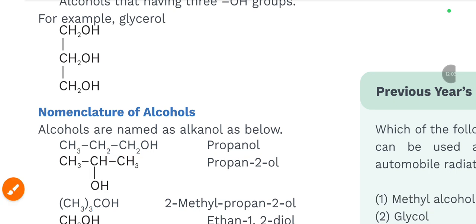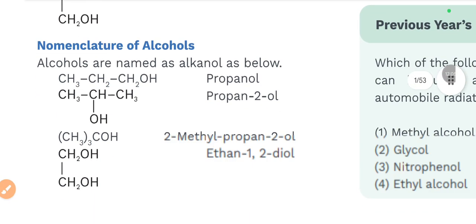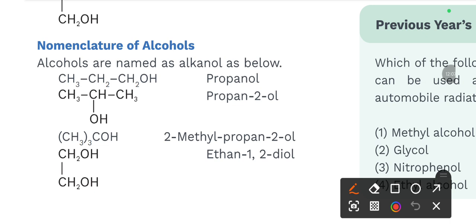Now coming to the next example. Next example is propan-2-ol. Let us see, a 3-membered chain, 3 carbons. But now OH is attached at the second carbon, not at the first carbon. So this is propane.